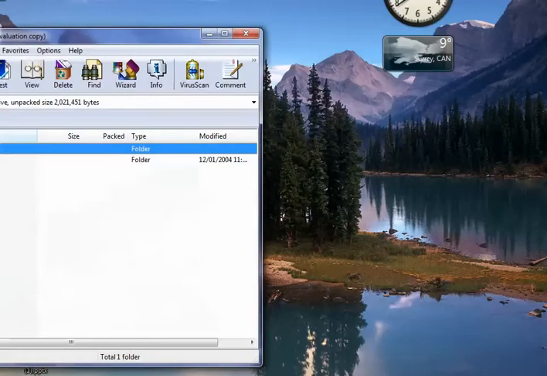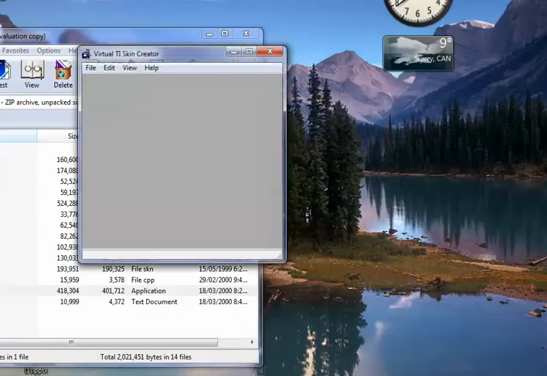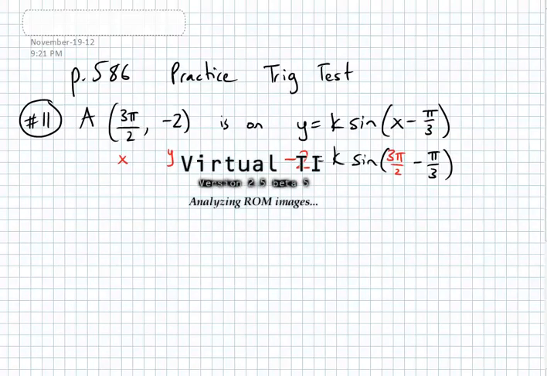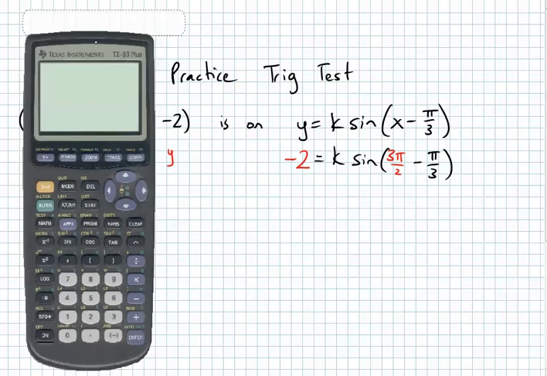Just load up my calculator here. There it is. So make sure I'm in radian mode. Good.